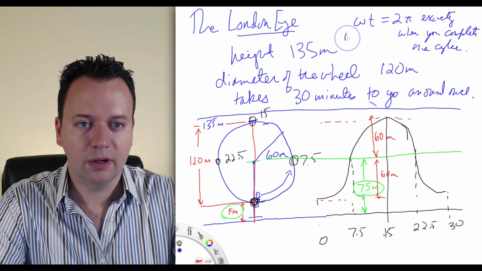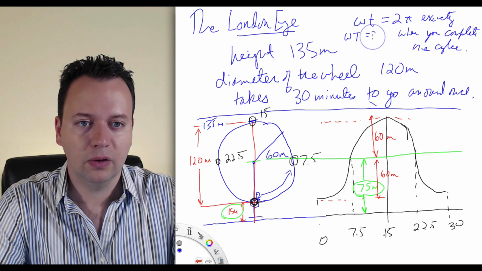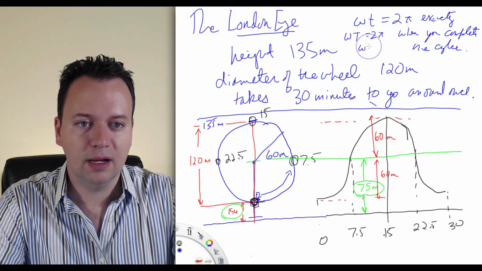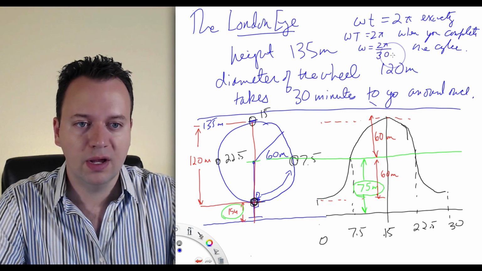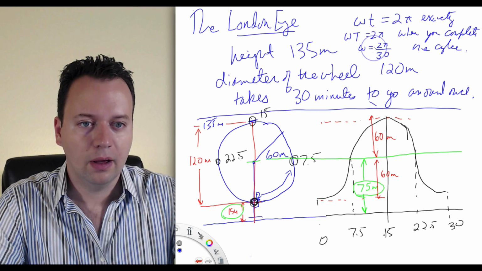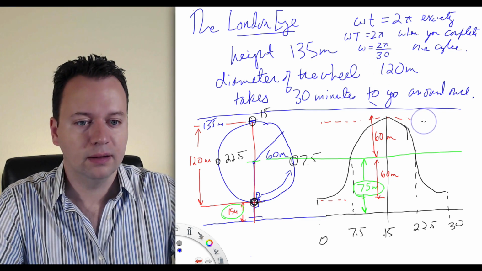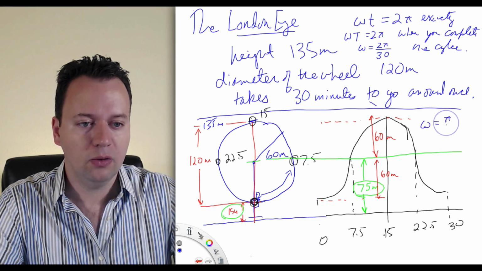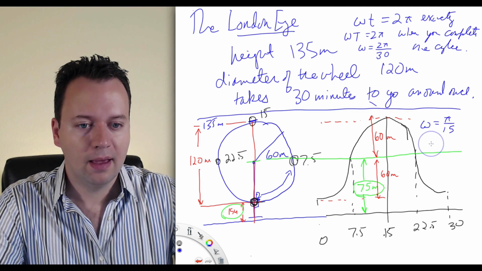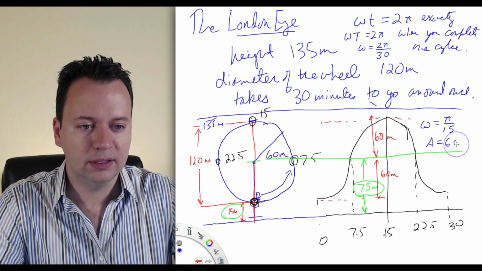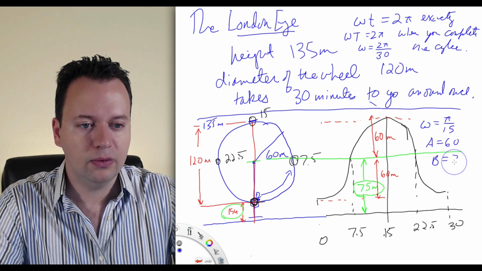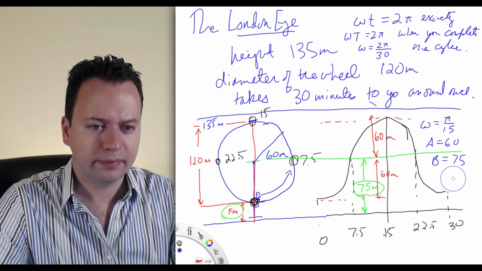So in other words, omega times the period is going to equal 2 pi, which means that omega is equal to 2 pi over the period of 30 minutes. So therefore, omega will equal pi over 15. So omega is going to equal pi over 15, the amplitude A will equal 60, the midline B will equal 75.